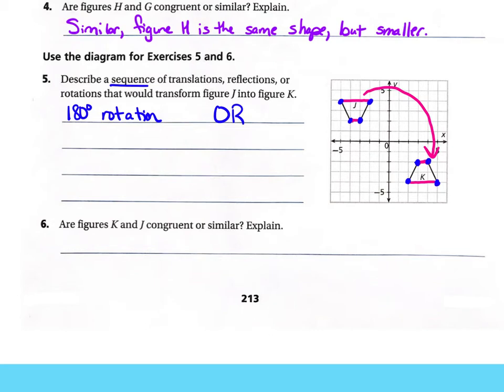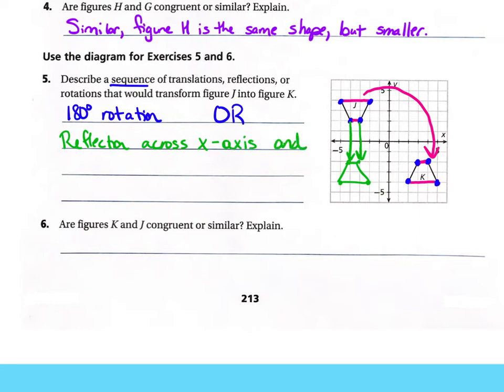Maybe there was a reflection. So let's just flip that across. So I've got a reflection across the x-axis. I misspelled that.